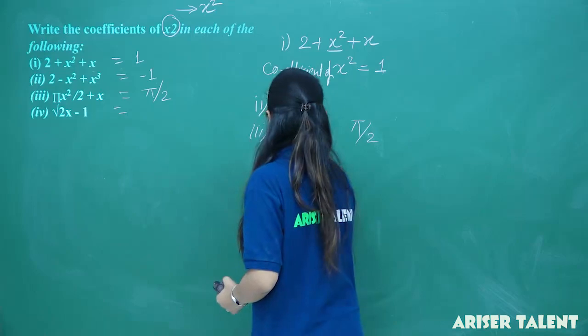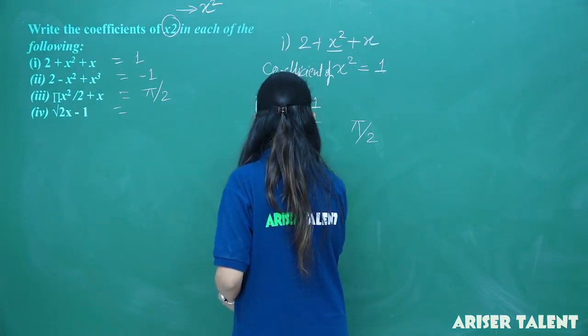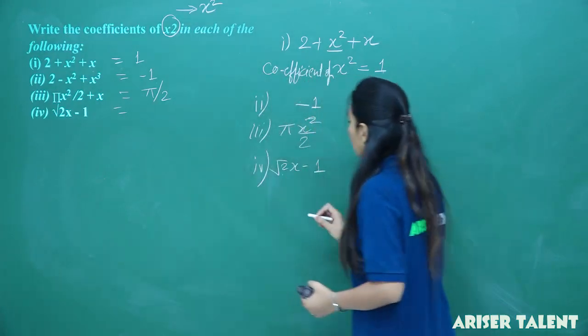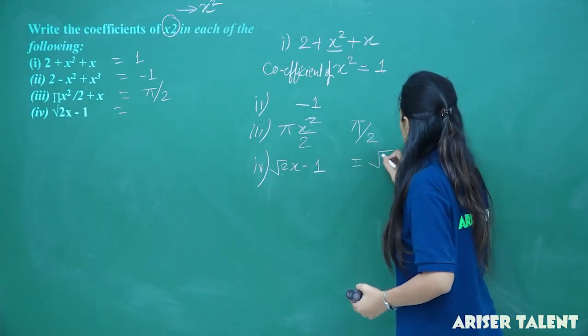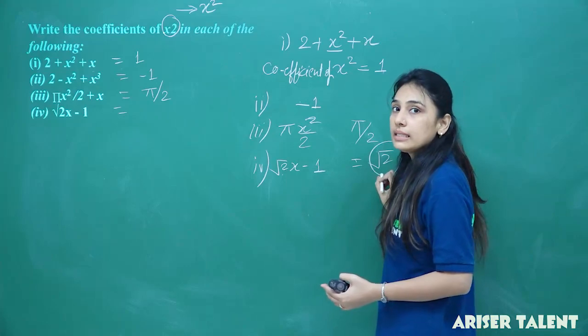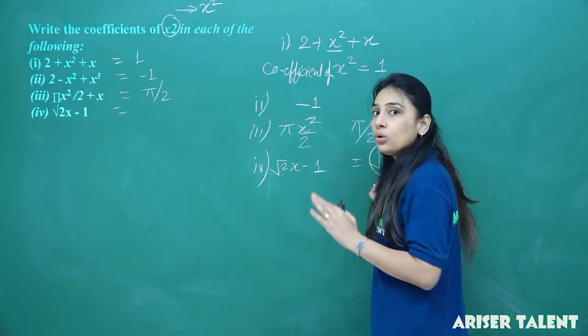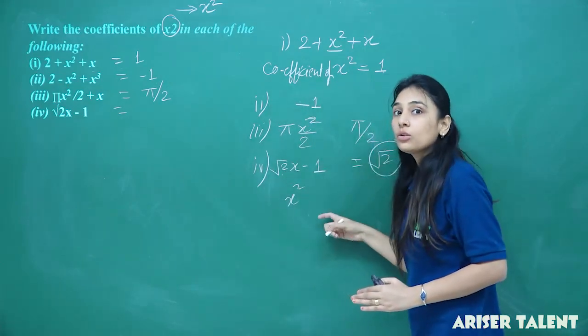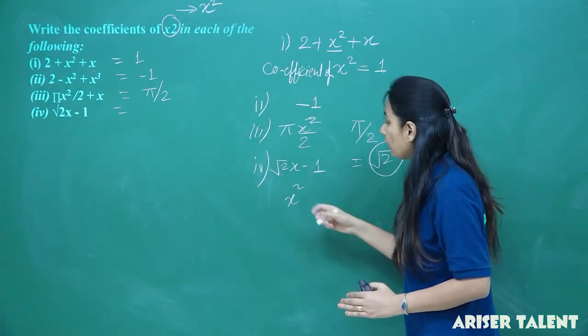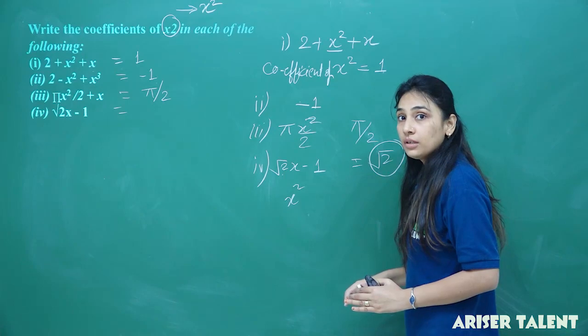Now, root 2x minus 1. Now, what generally students do, they just see this and write root 2 as the coefficient, but no, look carefully, we have asked about the coefficient of x square, not the coefficient of x. So, what will be the x square's coefficient?